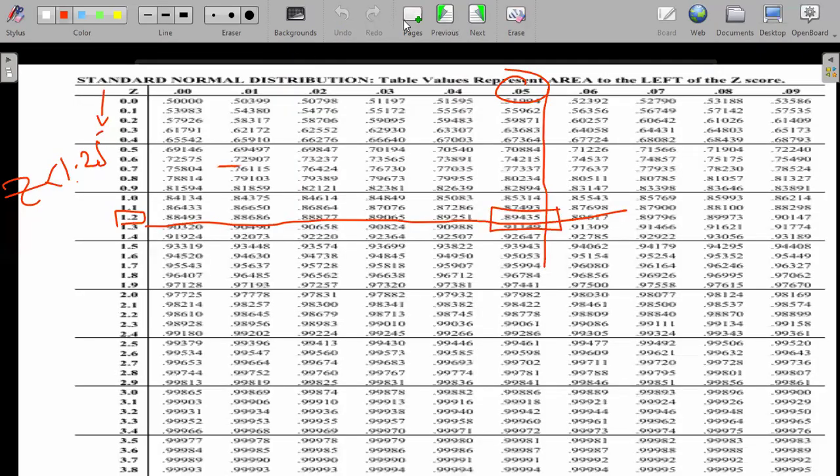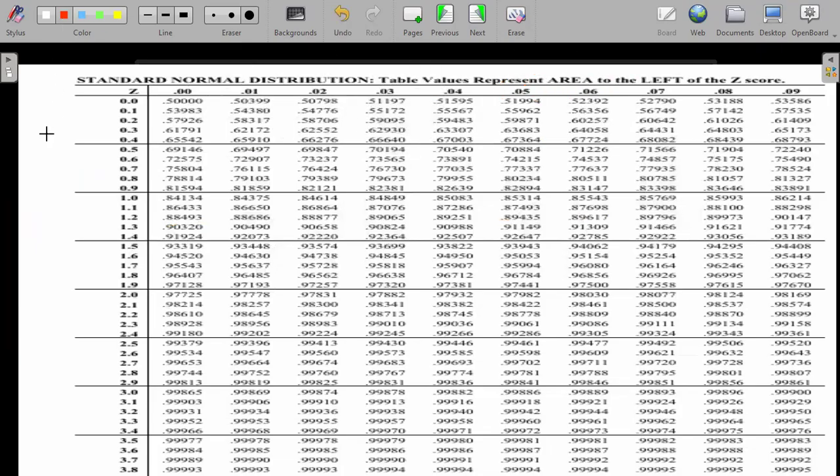Right, so let's go. We are searching for the probability of 0.9713. So we are looking for a number that is close to this or the exact number. So 97, 97, 96, we have 96 here, 97, that started there, 97, okay, so it's here.